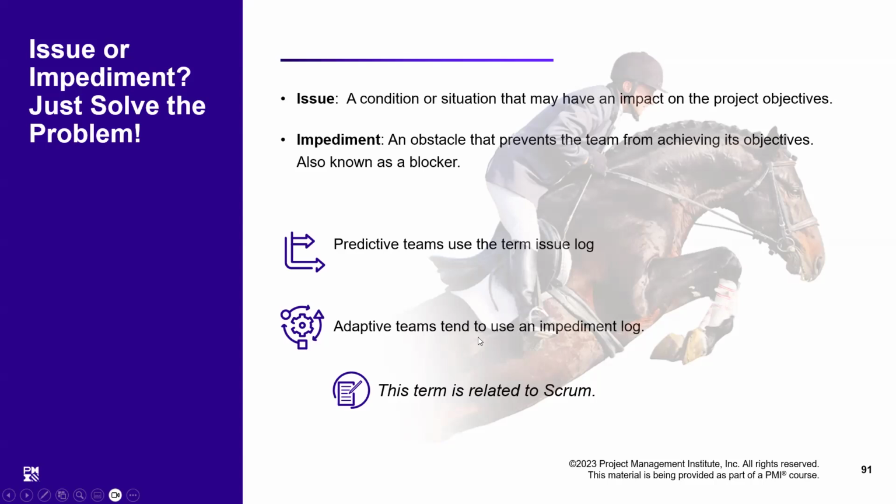Here we have got a different name for issue log, which is called an impediment log. And especially in Agile, the responsibility of dealing with the impediment log is of the team lead, who is a servant leader. And this term is specifically related to the Agile or Scrum projects.